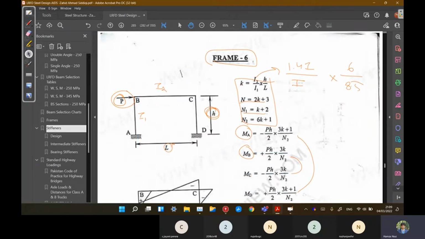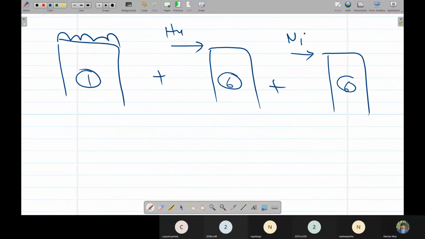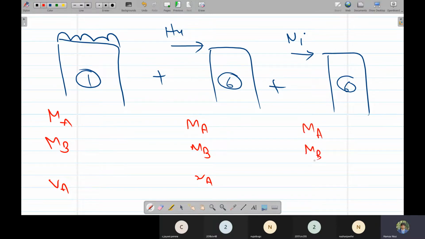First we apply only this wind load, and second we apply only notional load. So we have to find MA, MB and VA for gravity, MA, MB and VA for wind, MA, MB and VA for notional load.